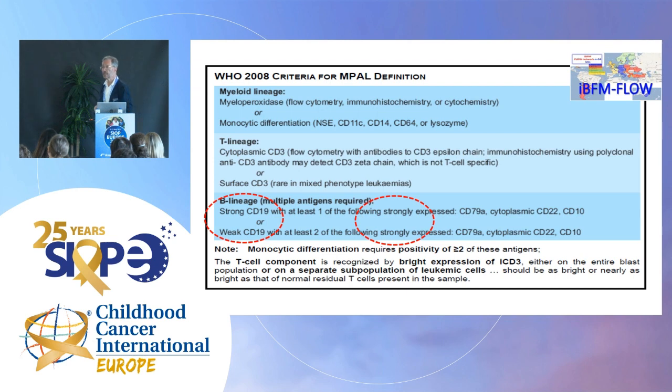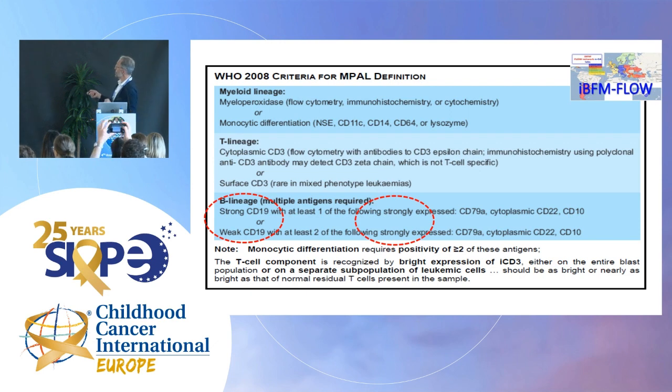As said, MPAL has been defined by WHO in the time before. Things developed. There was FAB morphology. Then came AGIL in the 90s. The European group of immunophenotyping in leukemia defined something which was called BAL, B-phenotypic acute leukemia.